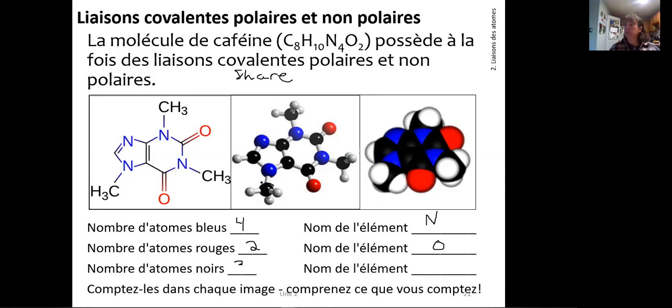So actually, see here, they're showing this molecule in a different way. These atoms are black. There's quite a few black ones. 1, 2, 3, 4, 5, 6, 7, 8. There's 8 black ones.